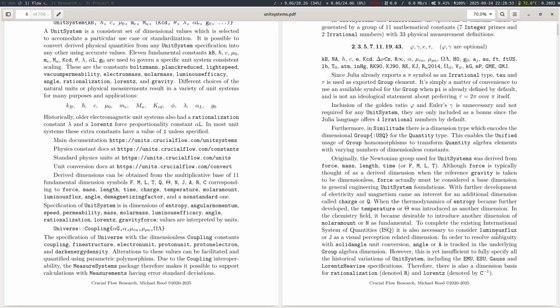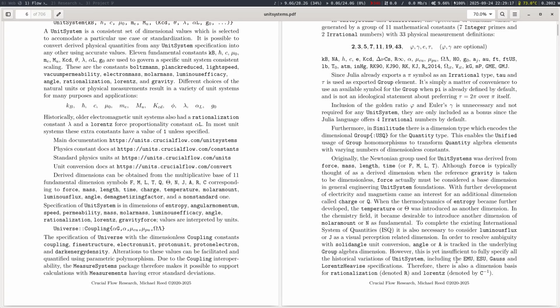To complete the existing international system of quantities, it is also necessary to consider luminous flux, or J, as a visual perception related dimension. In order to resolve ambiguity with solid angle unit conversion, angle, or A, is tracked in the underlying dimension group algebra dimension.